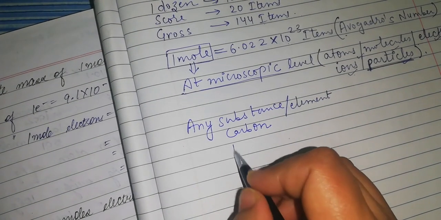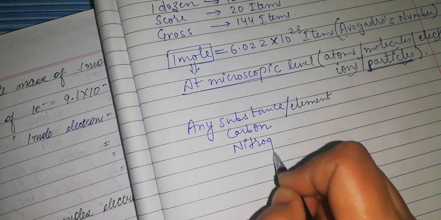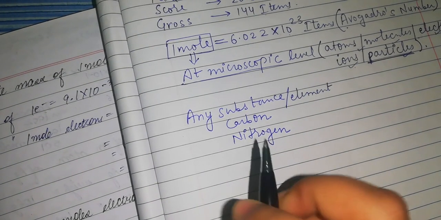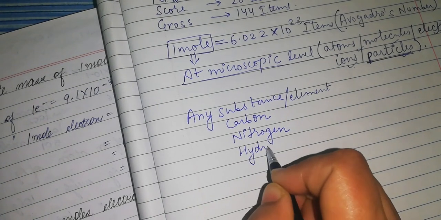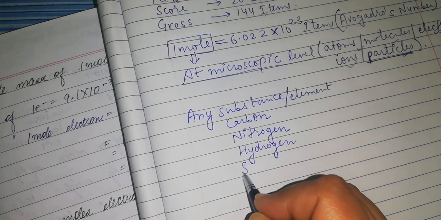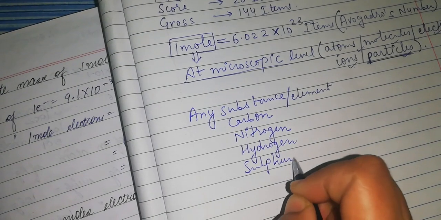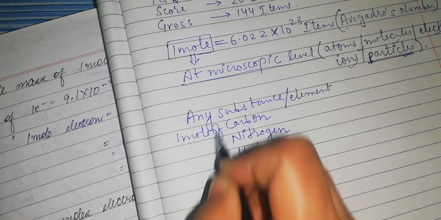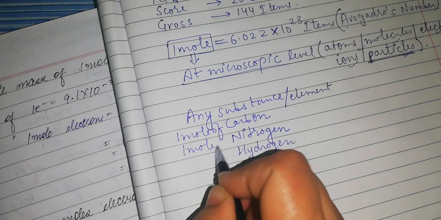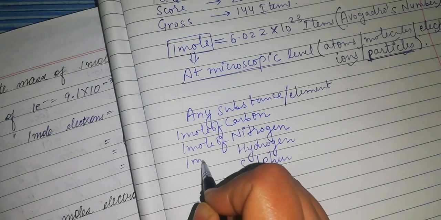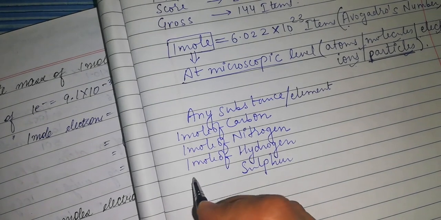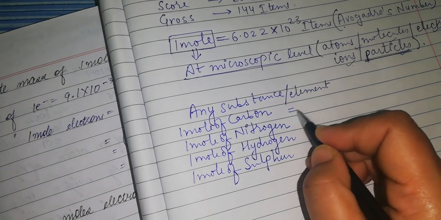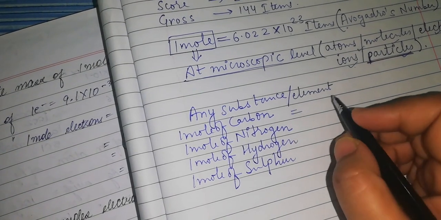If I take carbon, nitrogen, hydrogen, sulfur, anything. If I say 1 mole of carbon, 1 mole of nitrogen, 1 mole of hydrogen, 1 mole of sulfur, they will contain the same number of atoms.